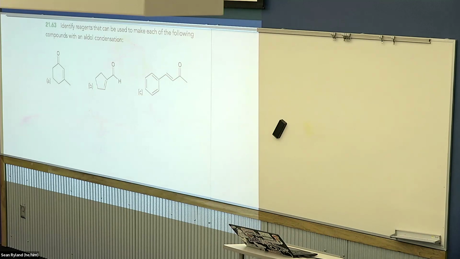So A and C, actually none of these have the OH on them, right? So start by figuring out what the aldol looked like, and then figure out what elimination reaction you needed to do to make the alkene.